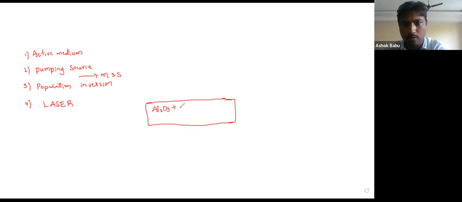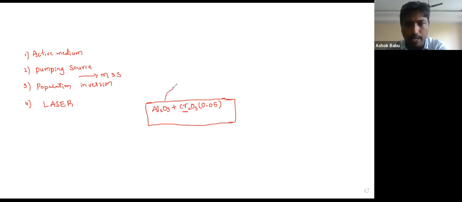For that I am going to add Cr2O3 ions in the percent of 0.05. Because aluminum oxide particles are absent from the laser transition, only chromium particles take part in the total laser transition. That's why I add chromium oxide ions to the aluminum oxide. So Cr chromium particles are responsible for the total transition here. I will explain. Try to remember.